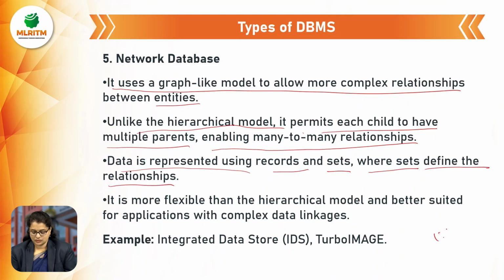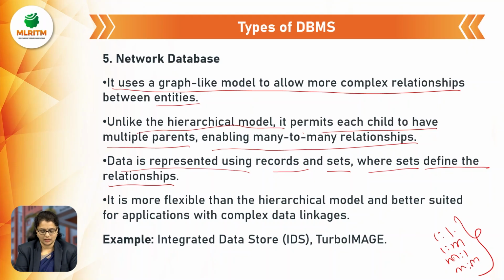So we know the cardinality rules: one-to-one relationship, one-to-n relationship, one to many, many to one, or many to many. So all of these relationships can be accessed in this network model. The data is represented using records and sets, where sets define the relationships.